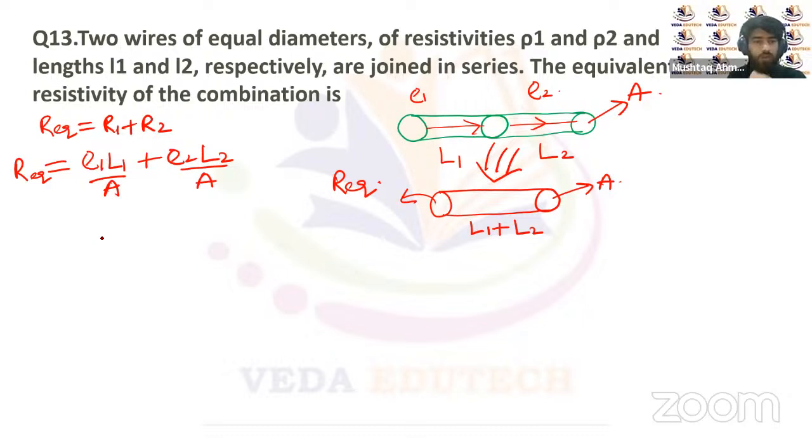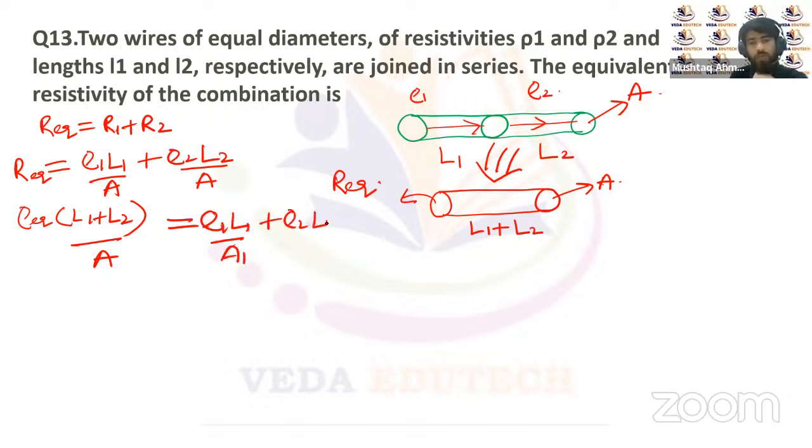Now R equivalent will have the same area of cross section and the length L1 plus L2. So we can write it as rho equivalent times L1 plus L2 upon area of cross section A, equal to rho 1 L1 upon A plus rho 2 L2 upon A. Now A and A get cancelled.